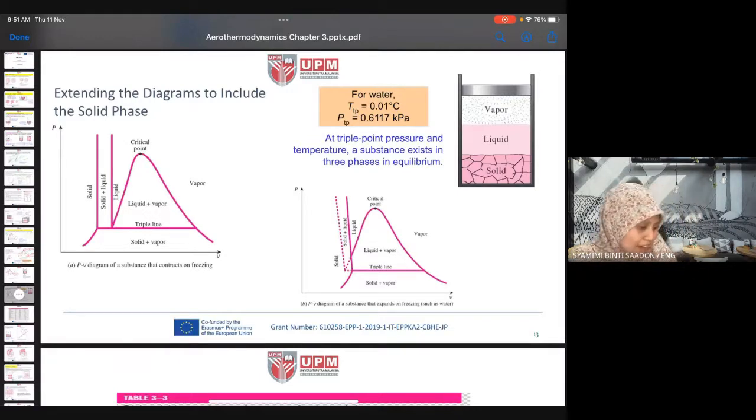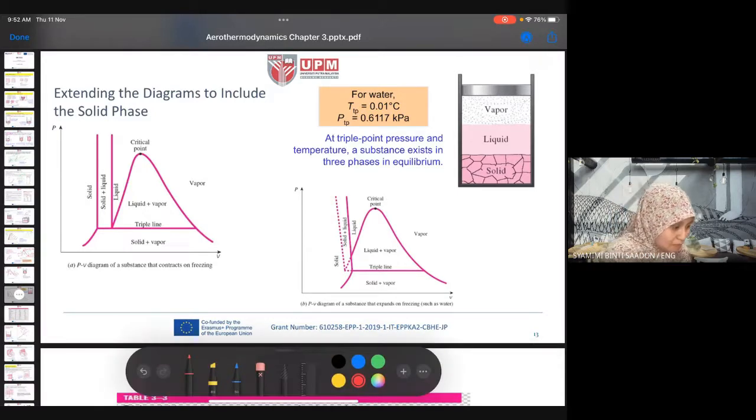Okay, so the PV diagram, the diagram just now, can actually be extended with solid-liquid and solid-vapor lines. So we also have solid-liquid and solid-vapor, like you see in this diagram.